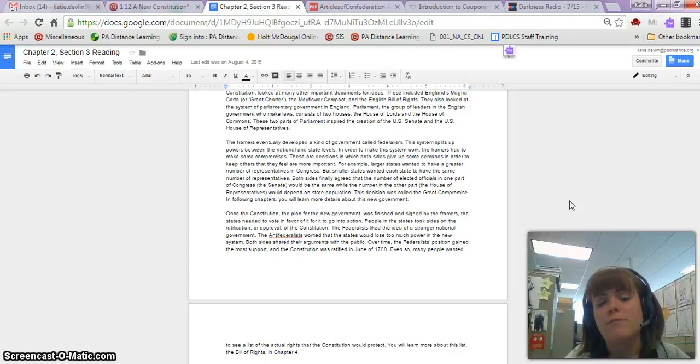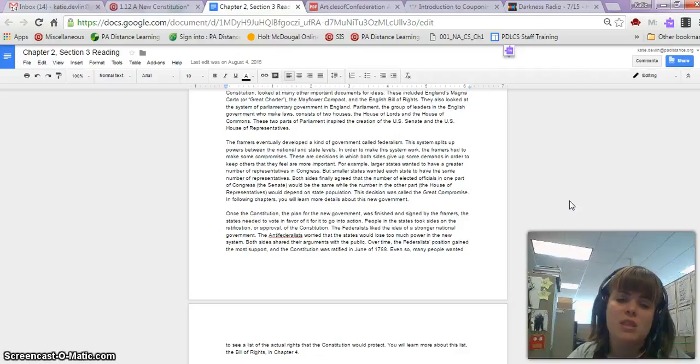Both sides finally agreed that the number of elected officials in one part of Congress, or the Senate, would be the same, while the number in the other part, the House of Representatives, would change based on state population. This decision was called the Great Compromise. In the following chapters, you'll learn more about this.